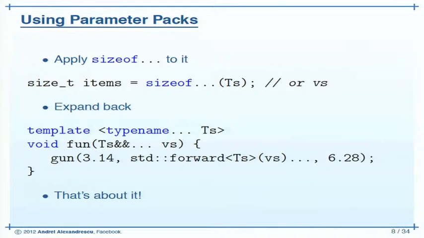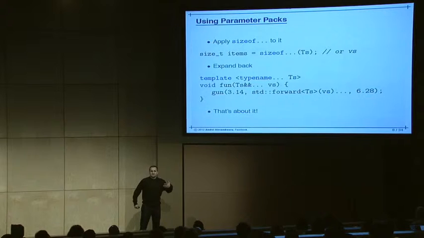So this is the expansion operator, and it's going to essentially expand the list. What do you think happens if you actually pass an empty list? You call fun with no arguments. Well, something very interesting is going to happen. And this is going to reveal that it's not textual expansion, it's smart textual expansion.